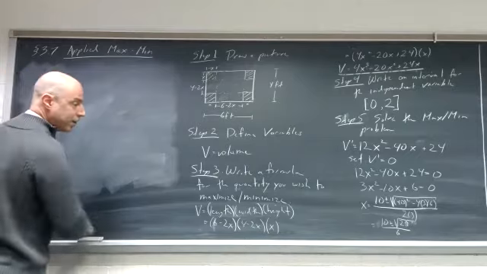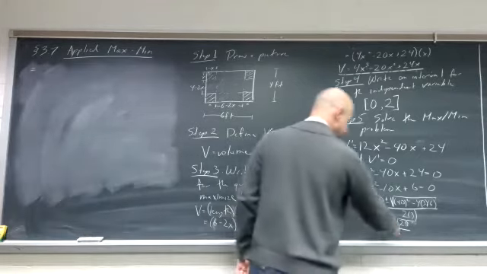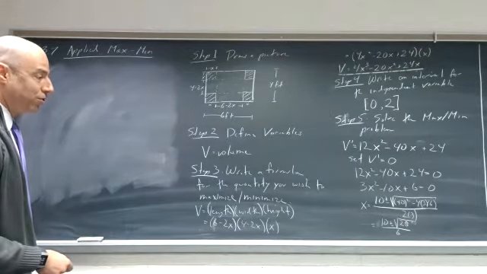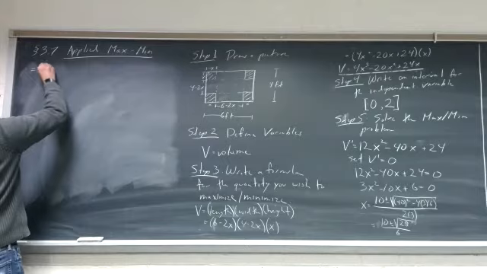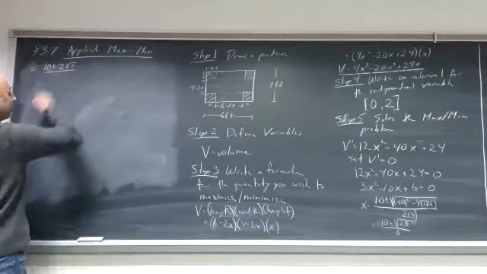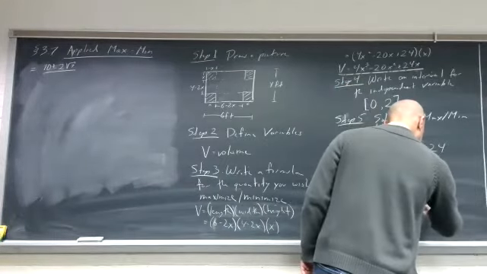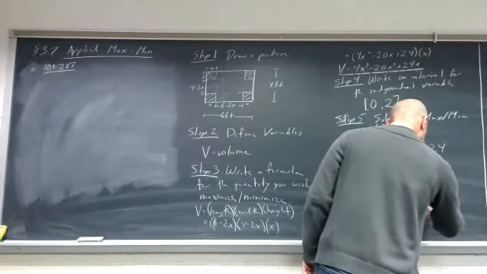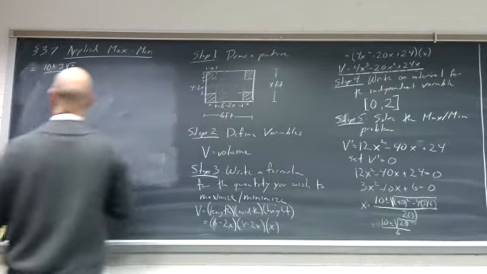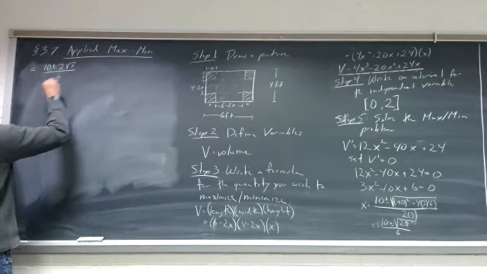So let's see. Root 28 is root 7 times root 4, in other words, 2 root 7. So 10 plus or minus 2 root 7, assuming I haven't made any mistakes. Hopefully, if somebody's checking my arithmetic, 12 times 6 is 72, and then 100 minus 72 is 28. Yeah, okay. 2 root 7 over 6, and then I can factor 2 out from the top.